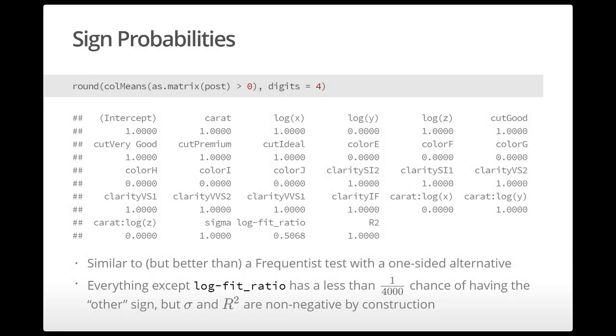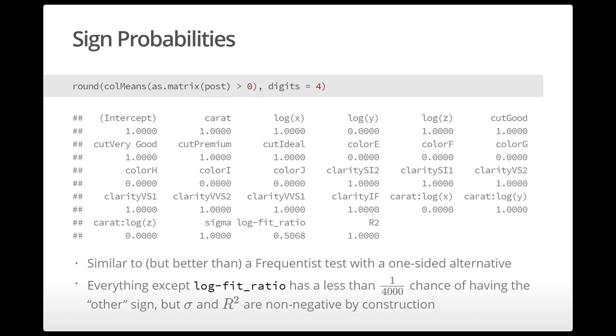Also, if you evaluate the proportion of times the draws are positive or negative, you get what people misinterpret p-values as. This is essentially saying what's the probability that the coefficient is positive, and then 1 minus that is the probability that it's negative.